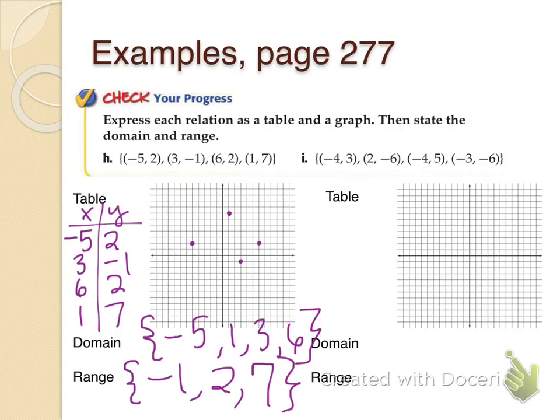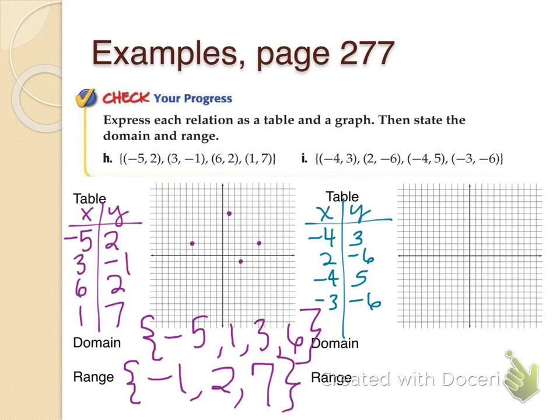All right, now looking at this other side, let's draw our table first. So for the table, I've got my X and Y, negative 4, 3, 2, negative 6, negative 4, 5, and negative 3, negative 6.